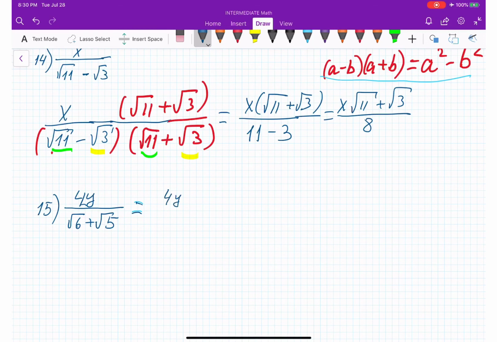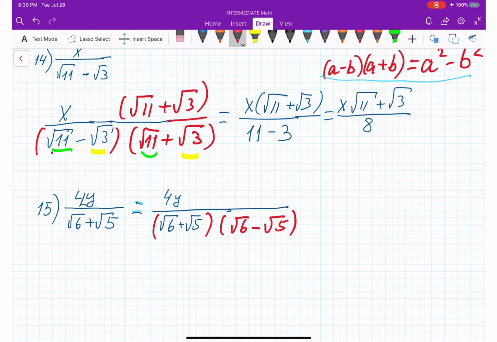For 4y, it's going to be equal square root 6 plus square root 5. What am I going to do? Multiply by square root 6 minus square root 5. Absolutely correct. And the same thing, change I do to numerator.